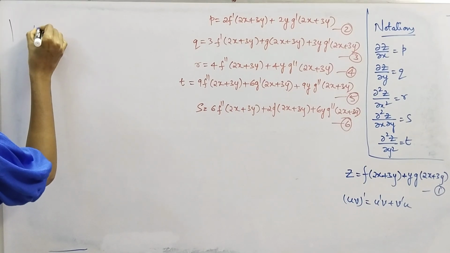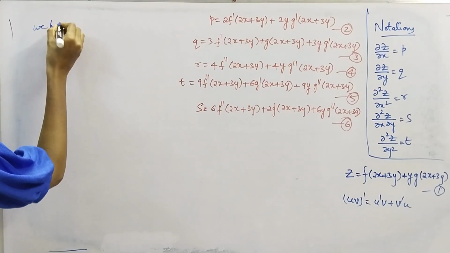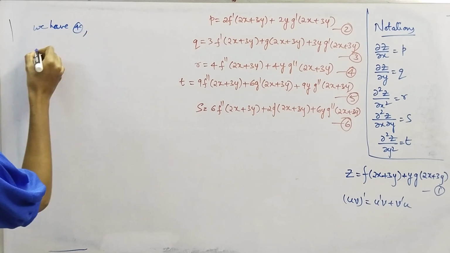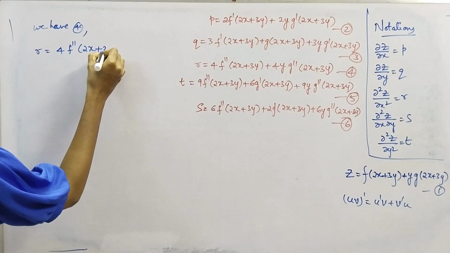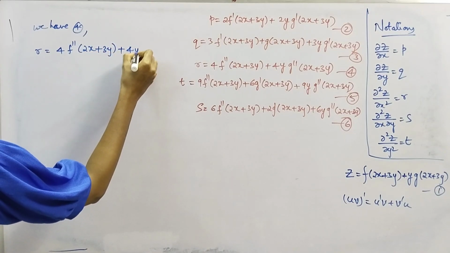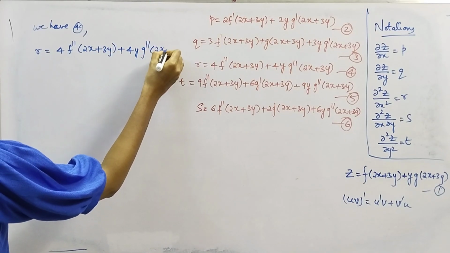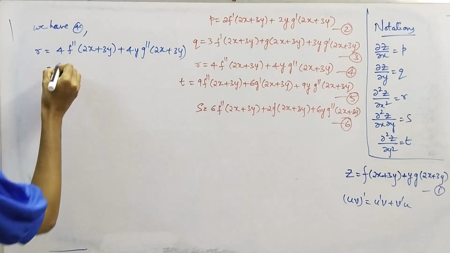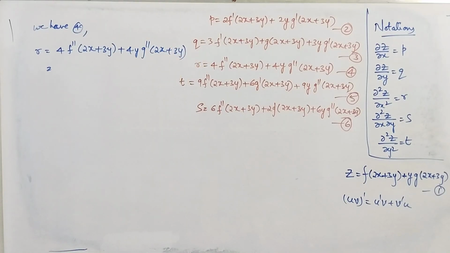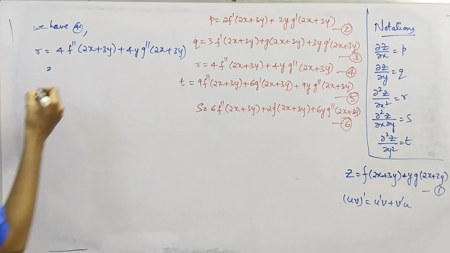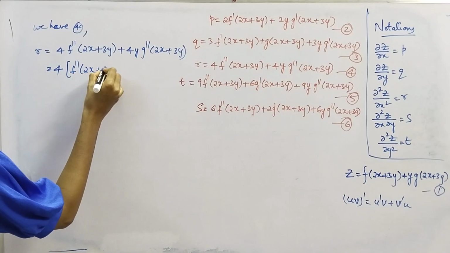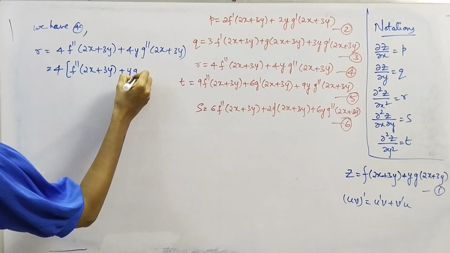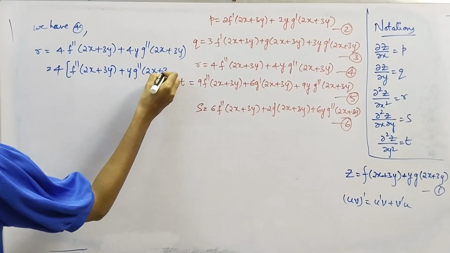We have equation number 4: r equal to 4 into f double dash of 2x plus 3y plus 4y into g double dash of 2x plus 3y, right? Just take 4 common, you'll get 4 times f double dash of 2x plus 3y plus y into g double dash of 2x plus 3y.